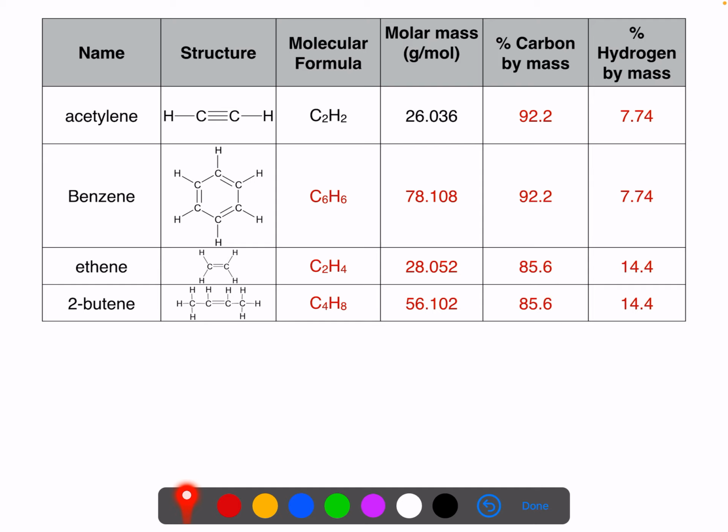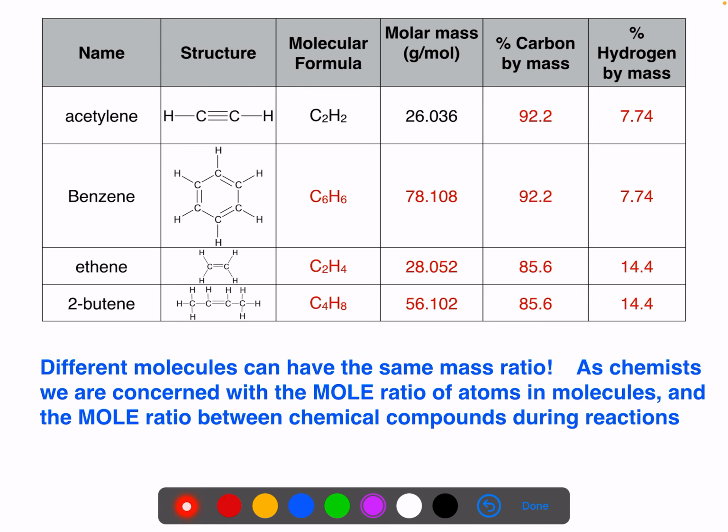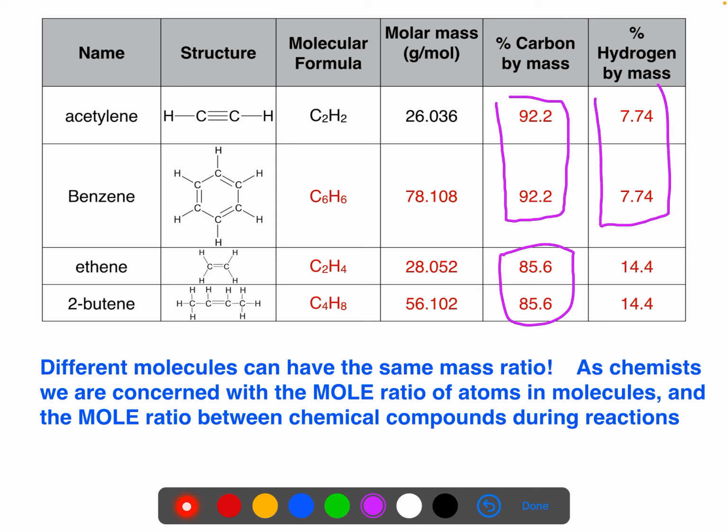Now, one of the key takeaways from this is you'll notice these numbers are the same, and these numbers are the same, despite the fact that these are different molecules. So different molecules can have the same mass ratio, right?